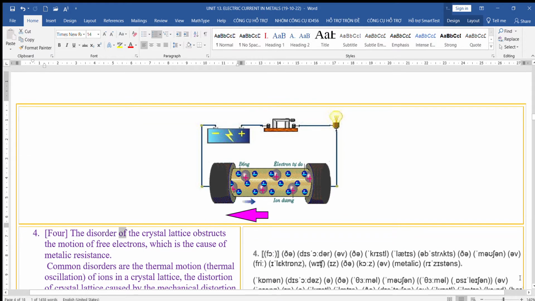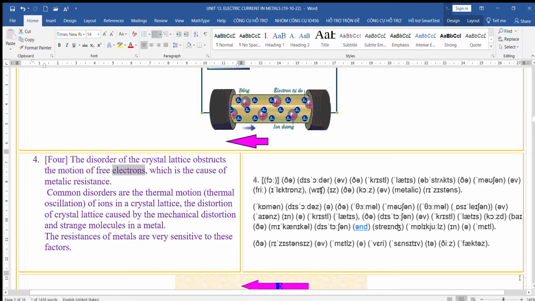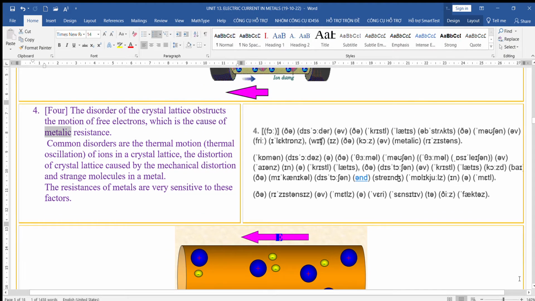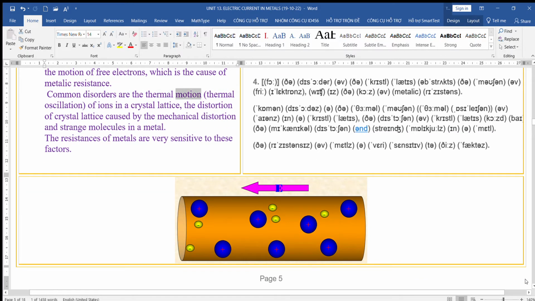4. The disorder of the crystal lattice obstructs the motion of free electrons, which is the cause of metallic resistance. Common disorders are the thermal motion, or thermal oscillation, of ions in a crystal lattice, and the distortion of the crystal lattice caused by mechanical deformation and foreign atoms in a metal.